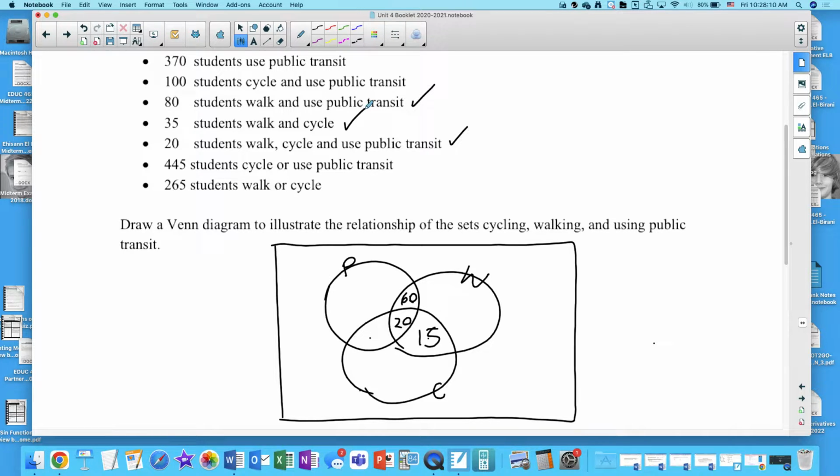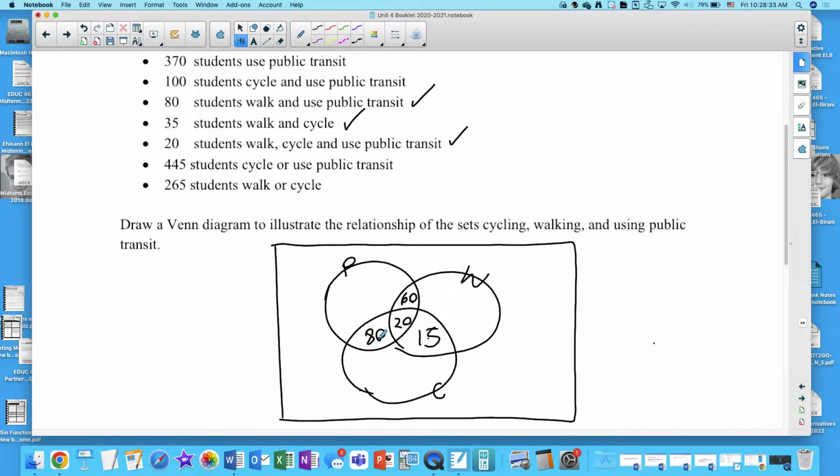Right, so this has to be 80 because this football shape has to add up to 100, right? So 80 plus 20 is 100. Okay, cool. Now could we fill out the public transit bubble? Yes, because it's in 4 regions.